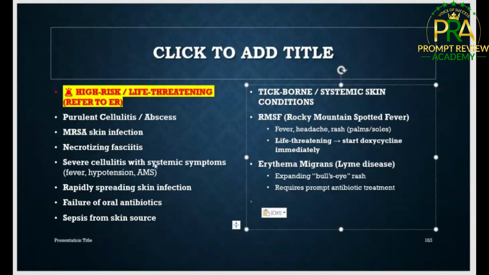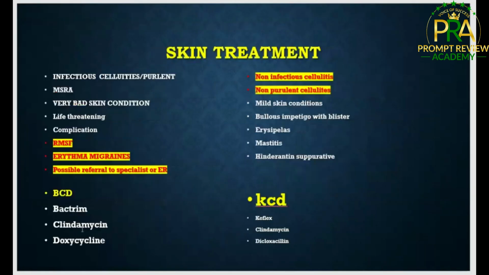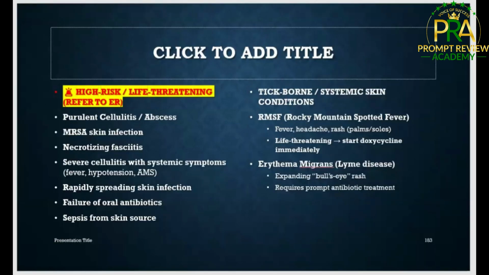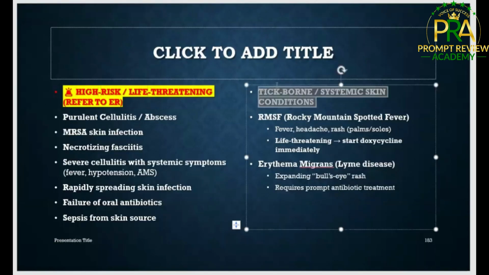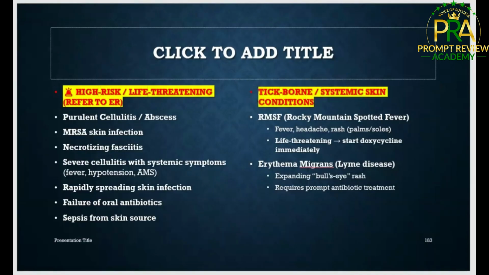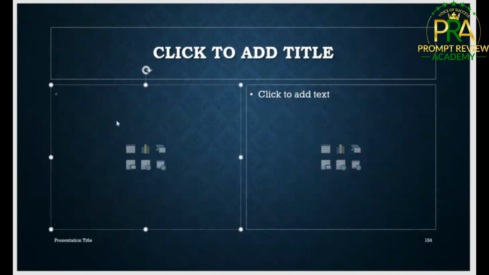They may have severe pain. Any of those things can be included there. Think of BCD. That is the summary of what I'm saying. Think of BCD: Bactrim, clindamycin, doxycycline. Any of those high life-threatening conditions, BCD.